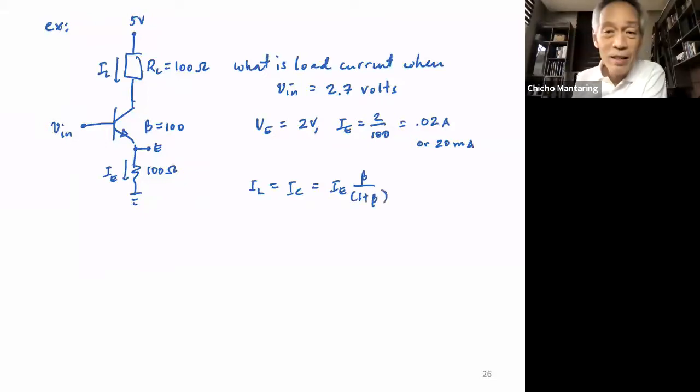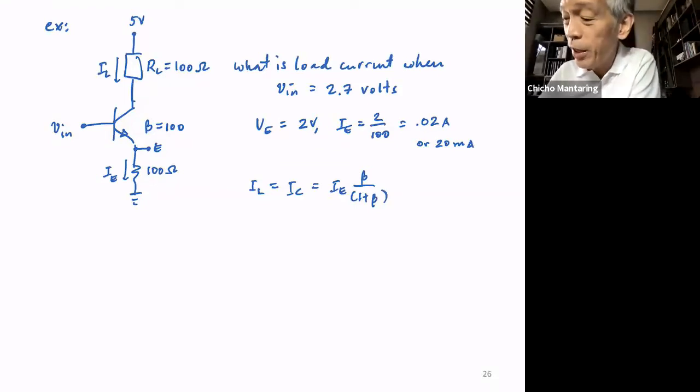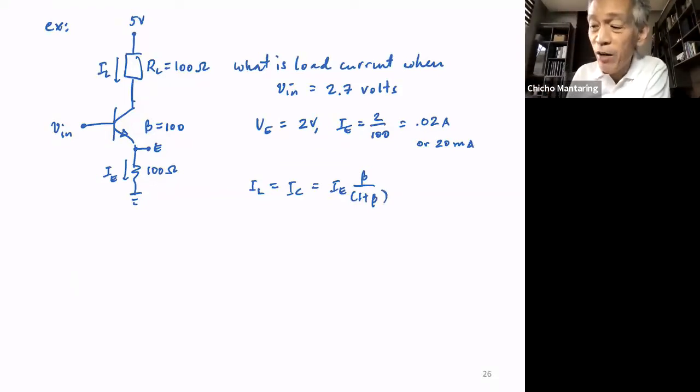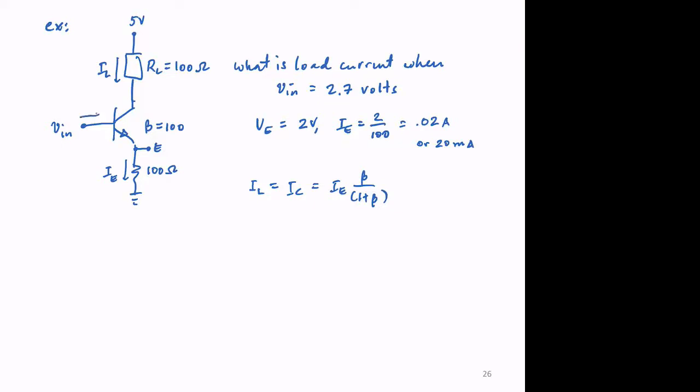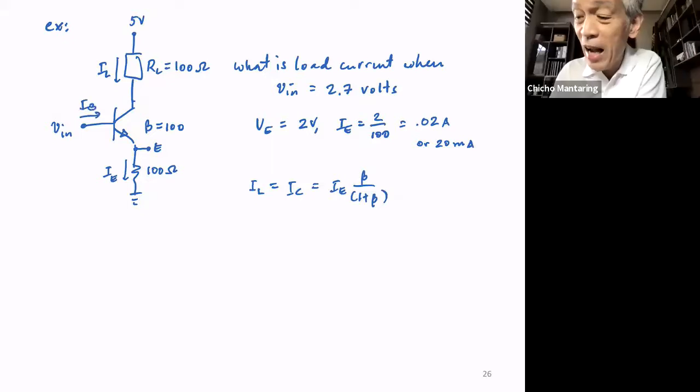Again, the way you remember the relationship, ano yung mas malaki, IE or IC? IE is always larger than IC, because IE is IB plus IC. So if you want to remember ano yung tama, is it 1 plus beta over beta or is it beta over 1 plus beta?